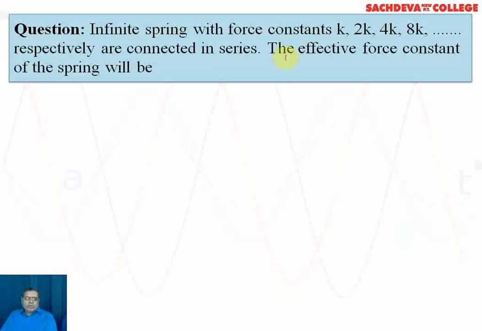So what is our question? There are an infinite number of springs with force constants k, 2k, 4k, 8k respectively connected in series. The effective force constant of the spring will be how much? That is, we want to find the resultant force constant.